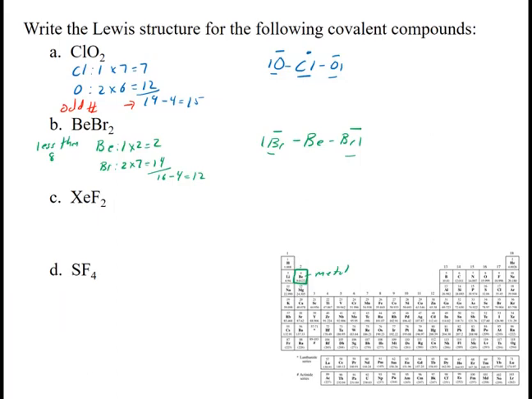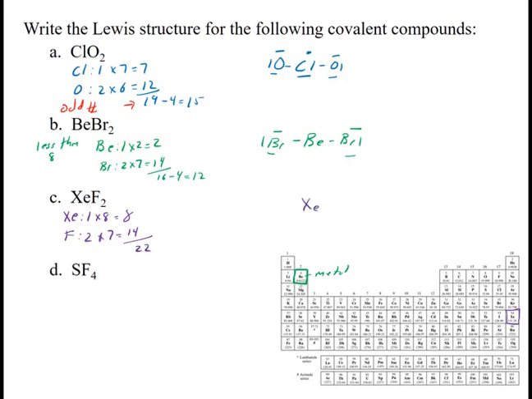The next example is xenon, which is a noble gas, so noble gases typically do not react. Okay, xenon, there's 1 of them, and each one has 8, so that's 8. Fluorine, there's 2 of them, and fluorine is in group 17, so therefore it's 7 to give me 14, so that's going to be 22.